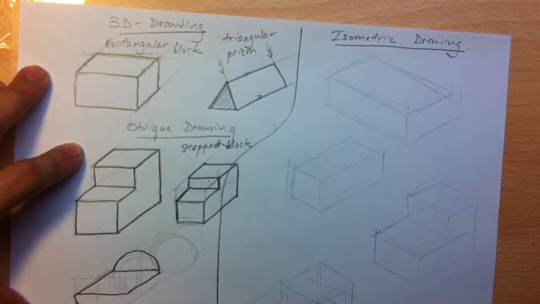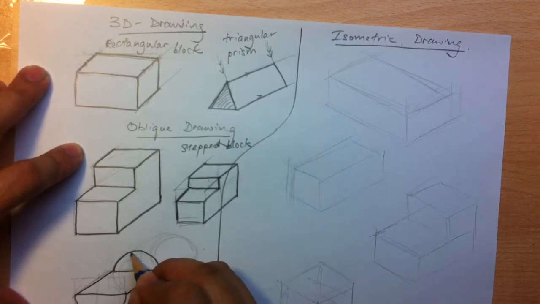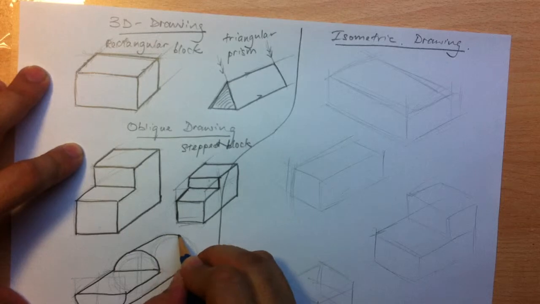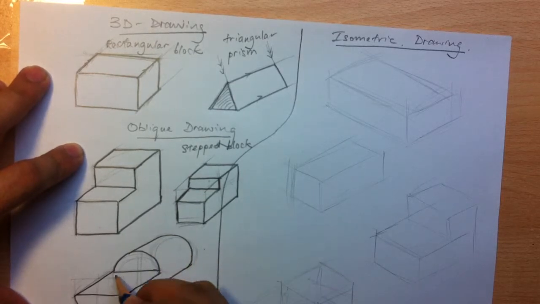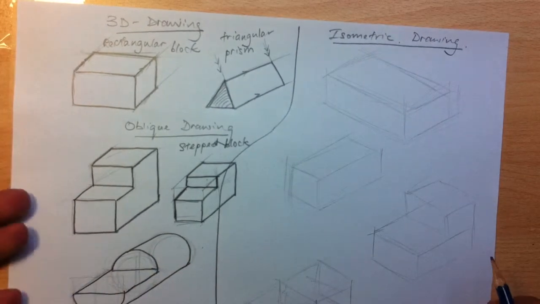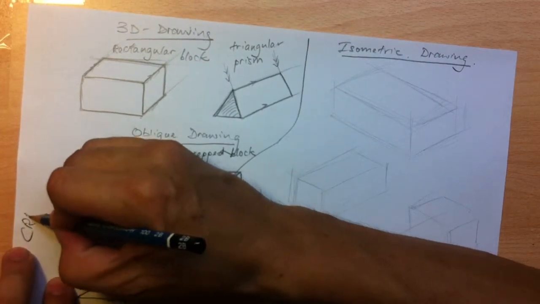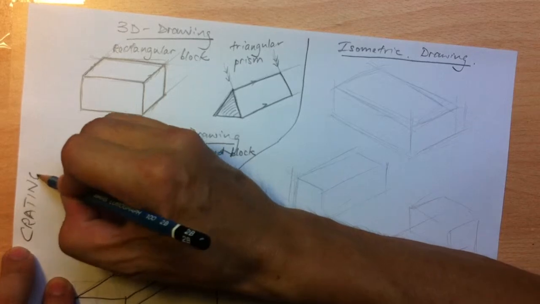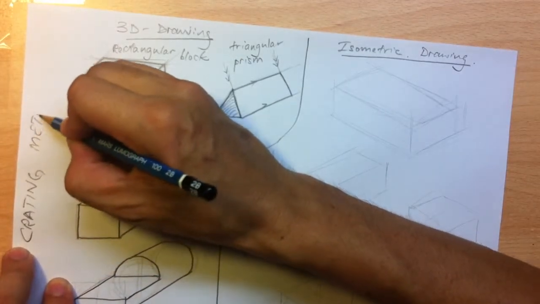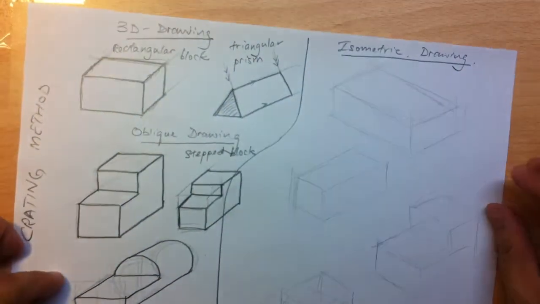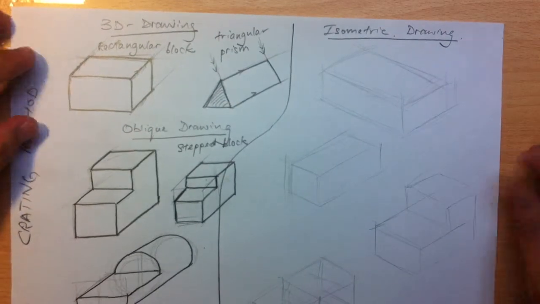But once I darken it up, it will be very clear what I'm drawing. Okay. So that means, to draw complicated shapes, you can use the creating method to add the details, similar to the 2D shapes that you've drawn previously.